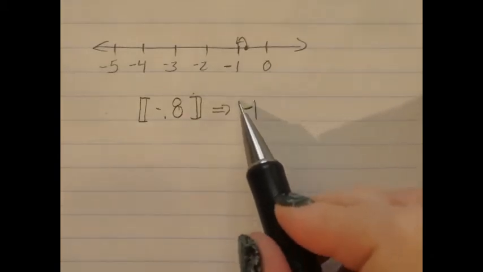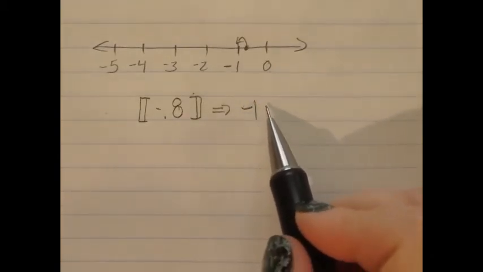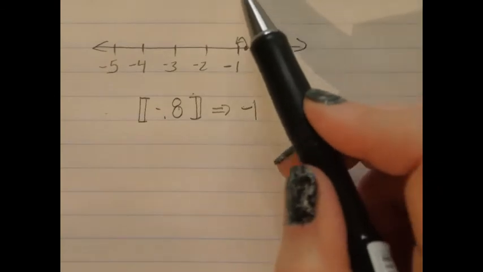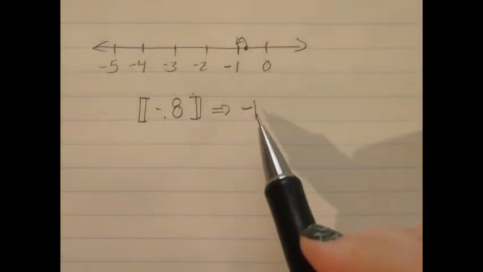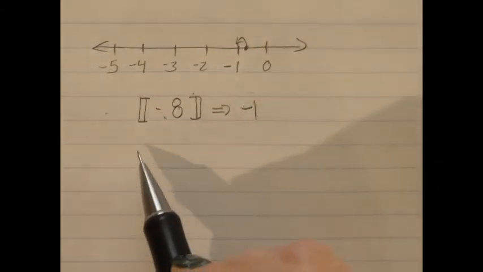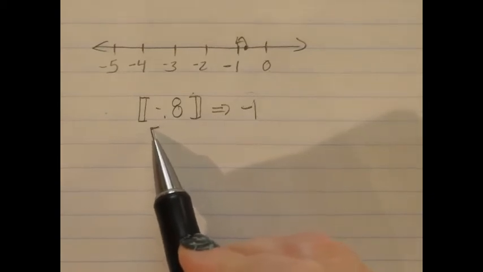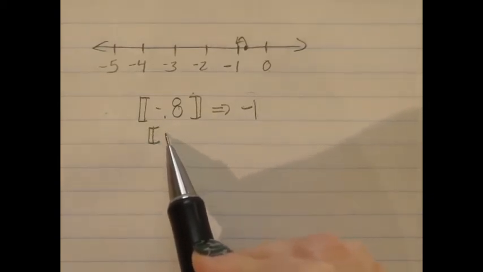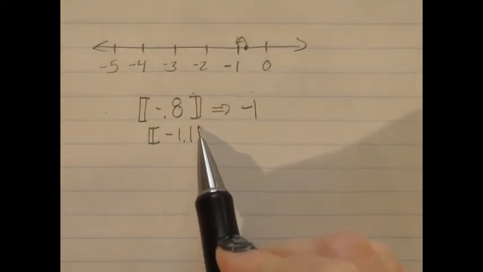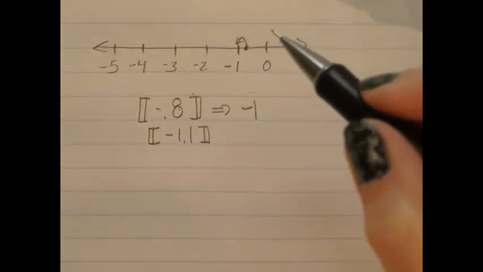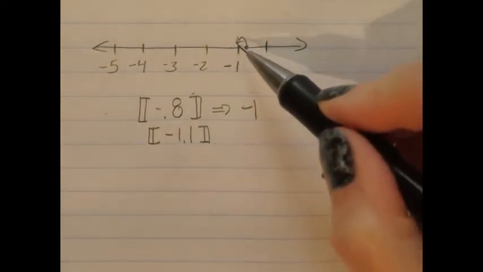So your answer should always be a counting number, or some type of whole number if you want, but normally it's an integer because we can have positives, negatives, and zeros. If I give you something like negative 1.1, as much as you want to round to the nearest number, you round down.